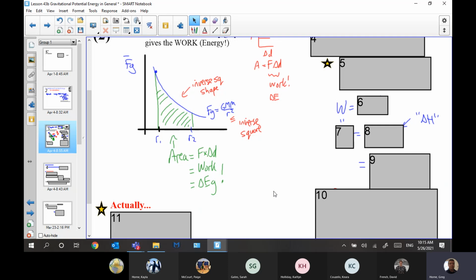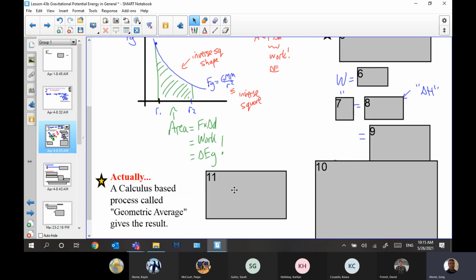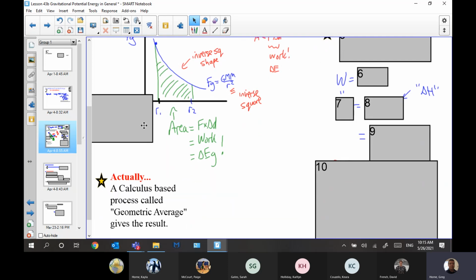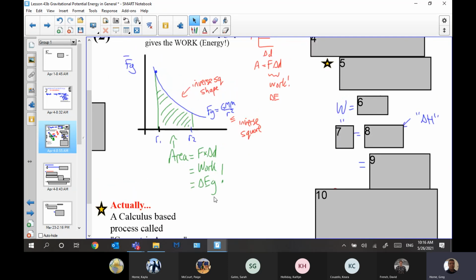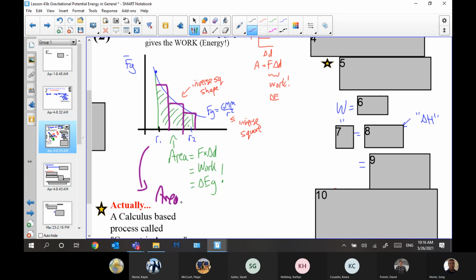And so the actual process for getting that area involves a calculus process of the integrals, the adding up of all the little rectangles. Some people call it geometric average, but the reality is you're doing that process I mentioned yesterday briefly: if I split the difference there and make a rectangle, and split the difference there and make a rectangle, and split the difference here and make a rectangle, roughly speaking, we could say, oh, we can add up and get the area, right? Equals the rectangles added up.